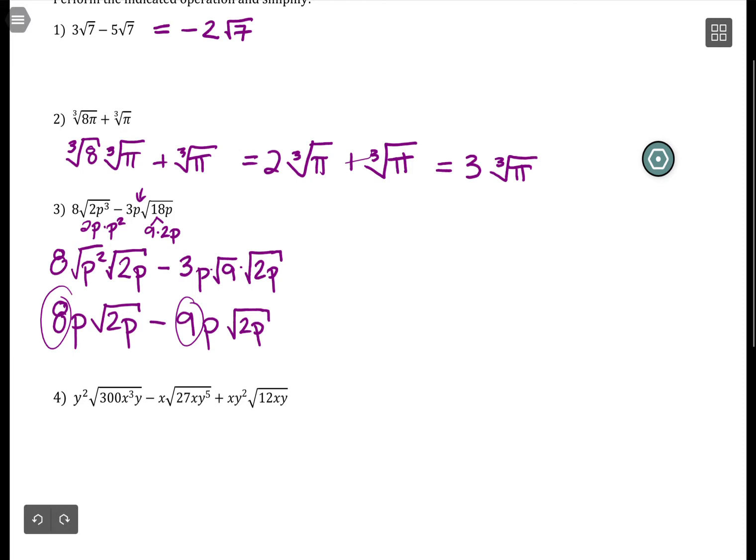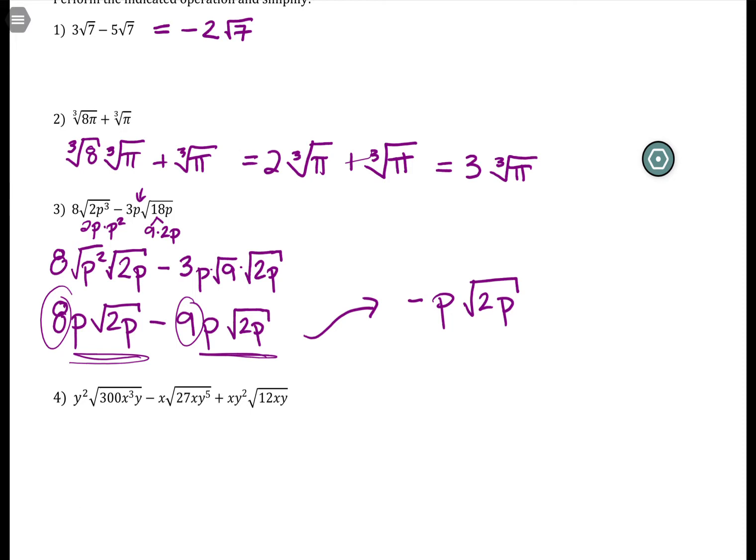Those don't have to match, but everything else does. And I'm in luck because p root 2p does match. So the things I'm adding up are p root 2p's. And I have 8 of them, and I take 9 away. So my final answer is I have -1 of them. Okay, so that's my answer.